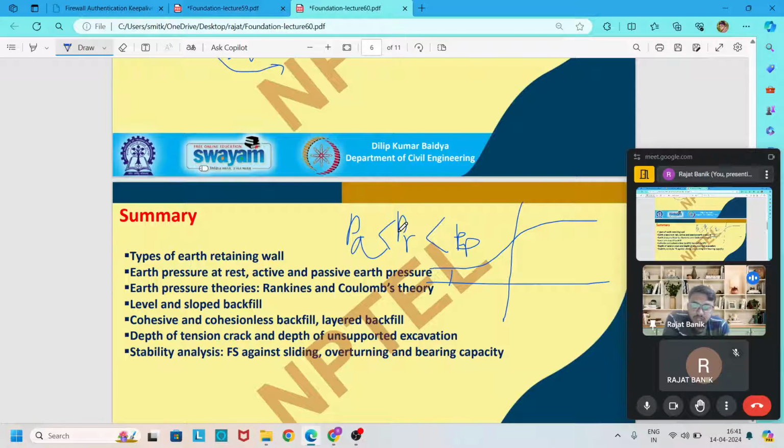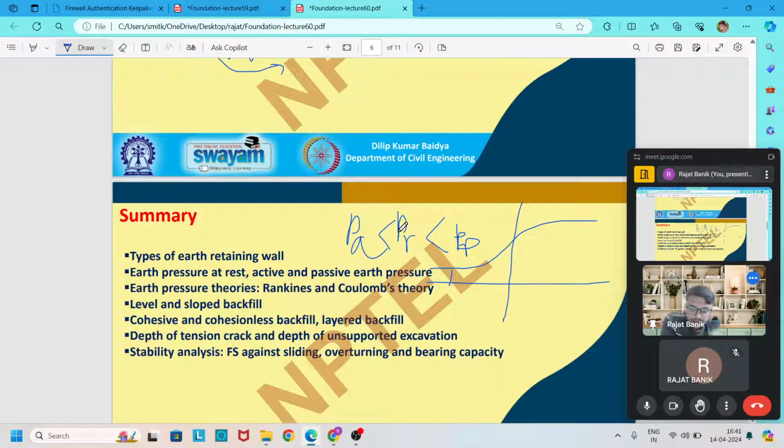Then we also study the earth pressure theories, whether Rankine or Coulomb. In Rankine theory, the common assumption is that the surface of the retaining wall should be smooth, but in Coulomb we use the friction on the surface of the retaining wall.